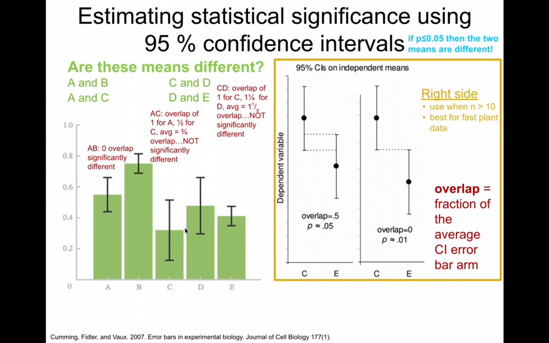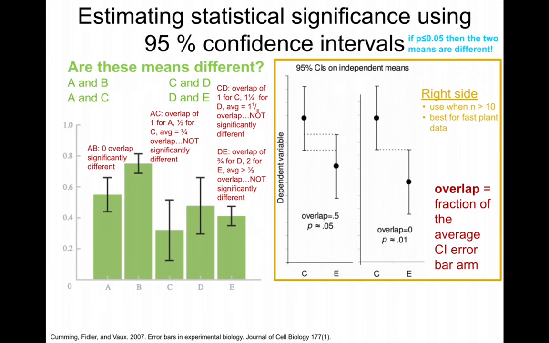And then if we do the D and E comparison, so we're going to look at the overlap for D. So what would you say if we look at the overlap for D? It's about 3/4 of the arm that is overlapping with the error bar for E. And if we look at an arm of E, the entire arm is overlapping with the D error bar.